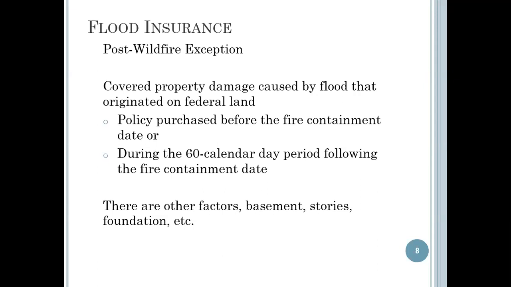It is a case-by-case basis, policy by policy. So if an agent writes a policy today, on day 4 within the 60-day containment date, and tomorrow they have a flood that either started on federal land or was exacerbated by a fire on federal lands, then we can revise the effective date of that. But otherwise, there's a 30-day wait period on that.